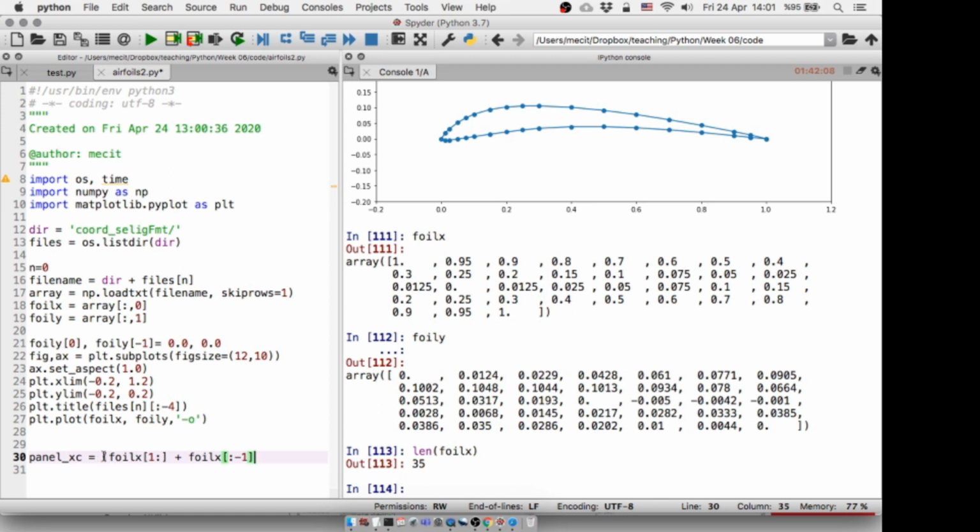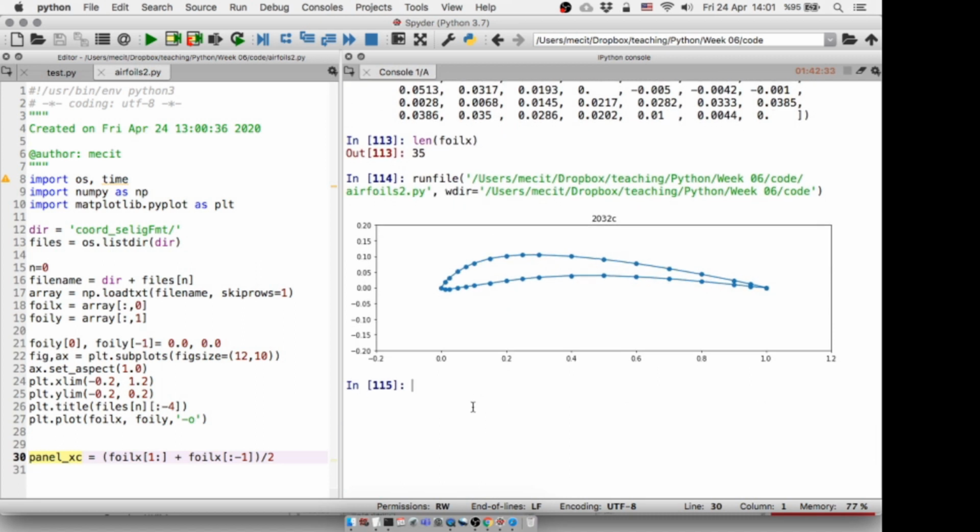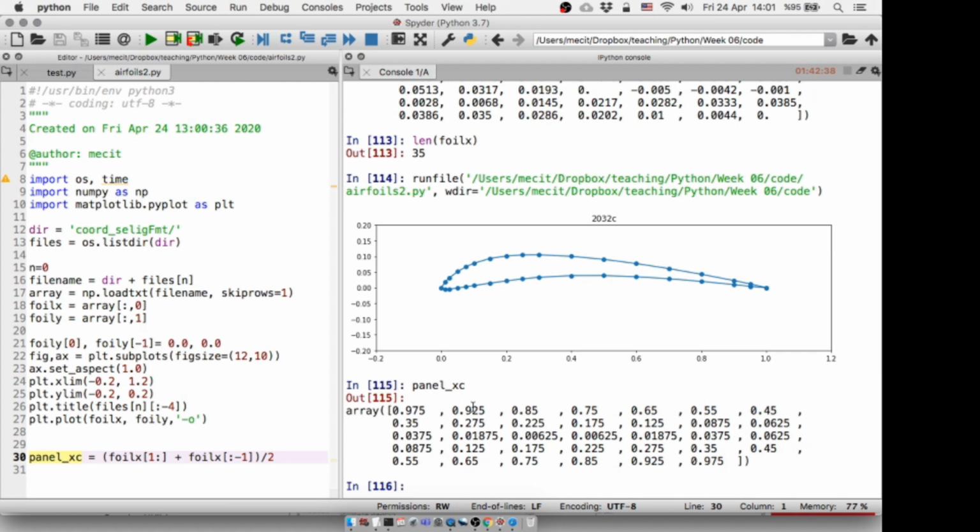And if I divide this by 2, it will give me the panel centers for each of these points. And you can see that the length of panel XC will be 1 minus the number of points. So let me run this part and then have a look at panel X coordinates of the centers.